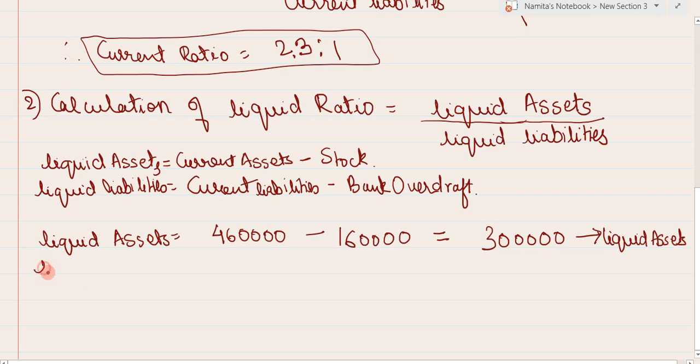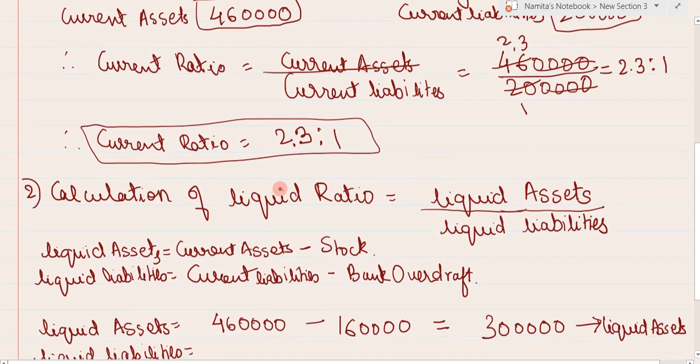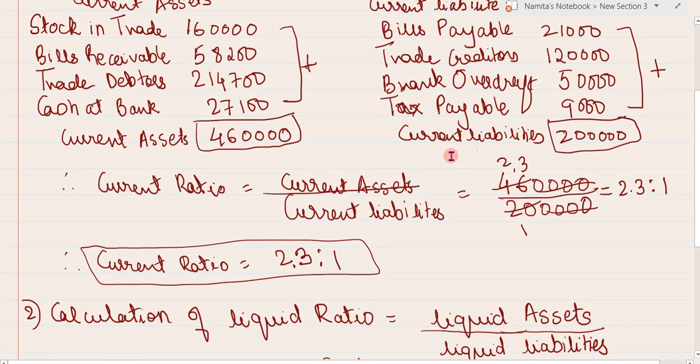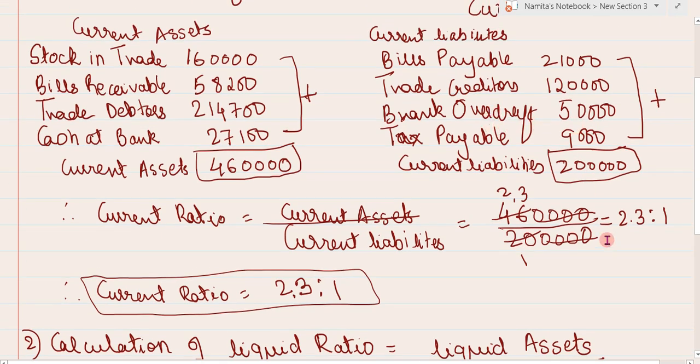Now the same goes for liquid liabilities. Liquid liabilities is equal to what? Current liabilities. Now what is the total of current liabilities? Current liabilities are 2 lakh rupees. This current liabilities includes the bank overdraft value also.